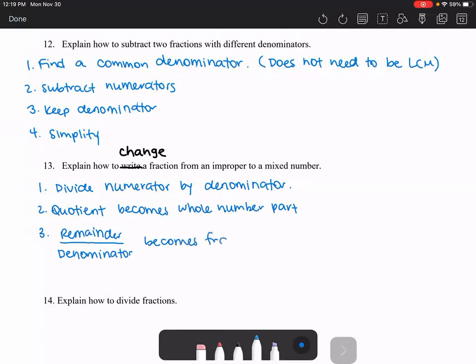The reason I put this one on the review is to highlight the vocabulary in here. A lot of times on past exams, when you all have been writing out steps, your language isn't as precise as I would prefer. A lot of times people say divide the top by the bottom, and then your answer becomes the whole number part.